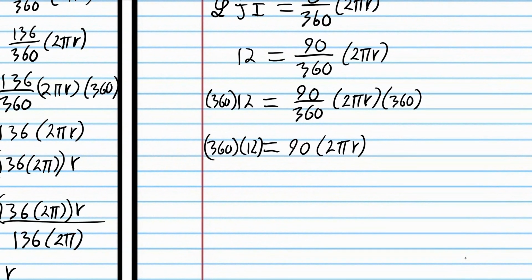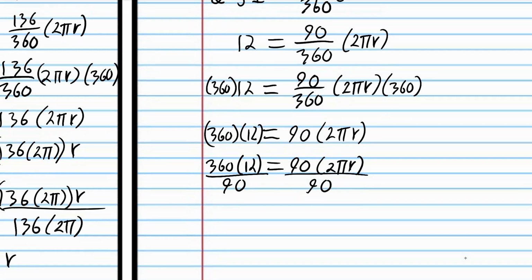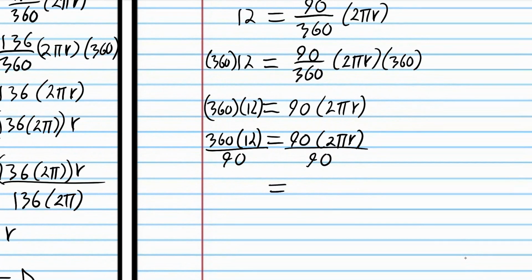Now at this point, I'm actually going to solve for 2 pi r rather than solve for the radius, because all we really need is just 2 pi r, and we can plug that into the expression.